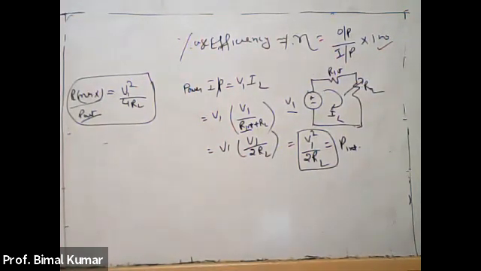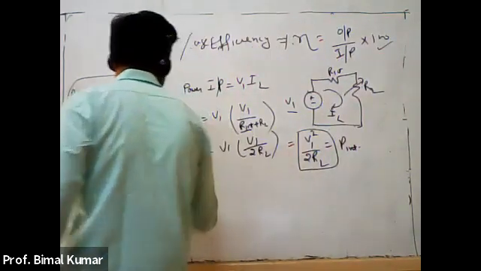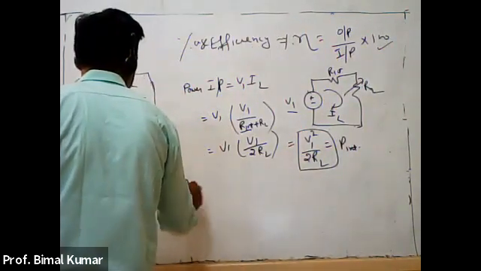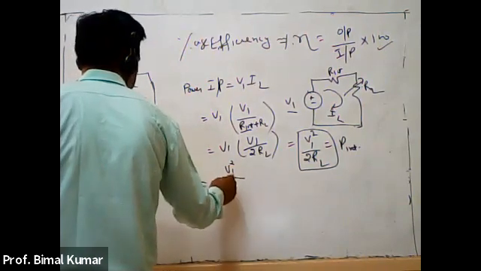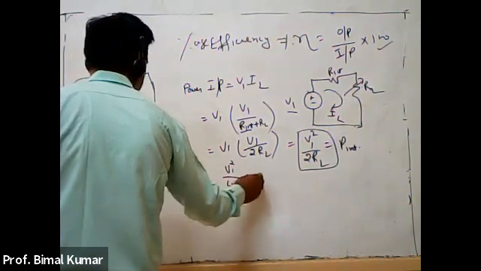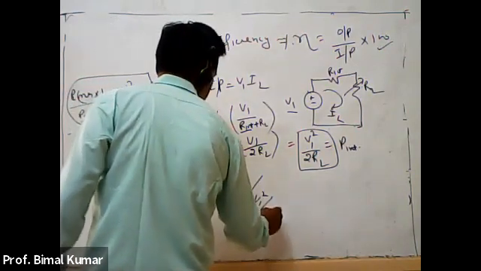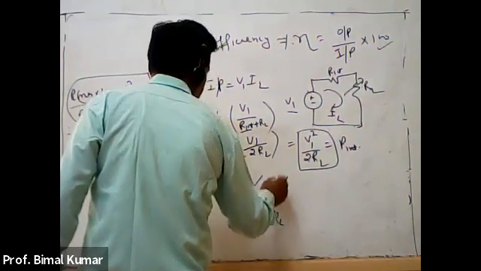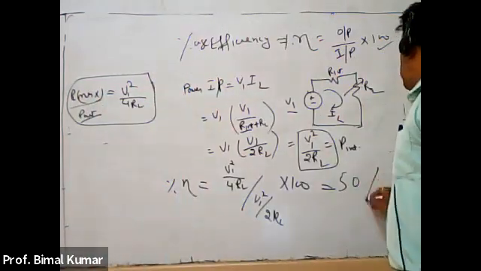P output is V1 square upon 4RL and P input is V1 square upon 2RL, right? So percentage efficiency is equal to V1 square divided by 4RL divided by V1 square divided by 2RL into 100. So that will be equal to 50%.